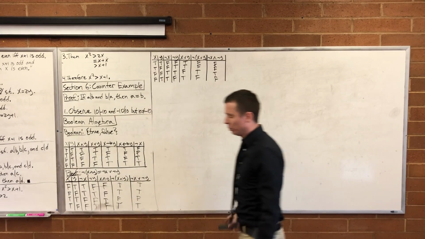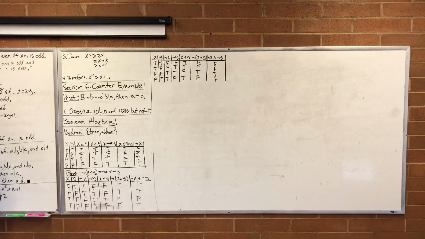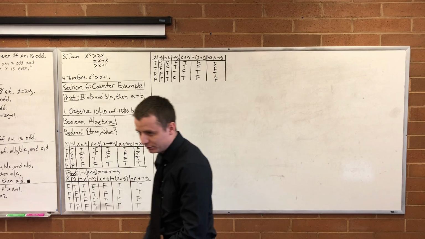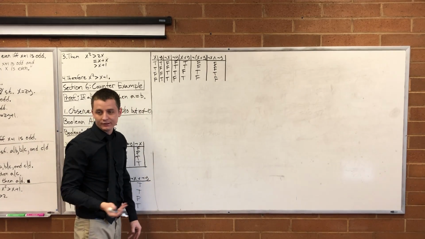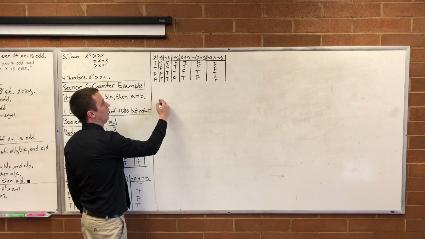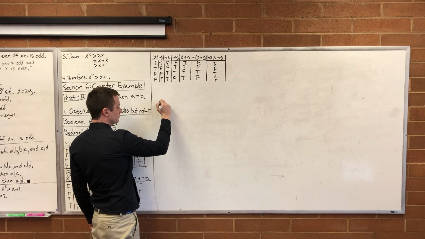If you want to think about or as addition and and as multiplication, you can't distribute addition over multiplication, you can only go the other way, in algebra, on real numbers. Okay, anyways.